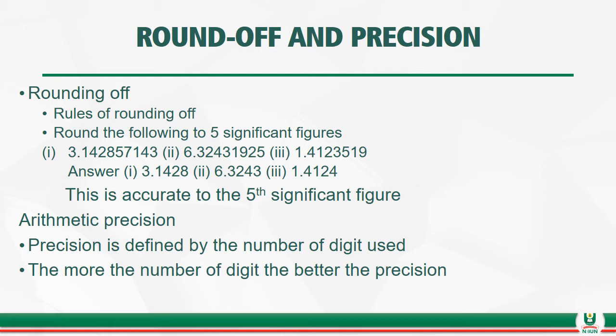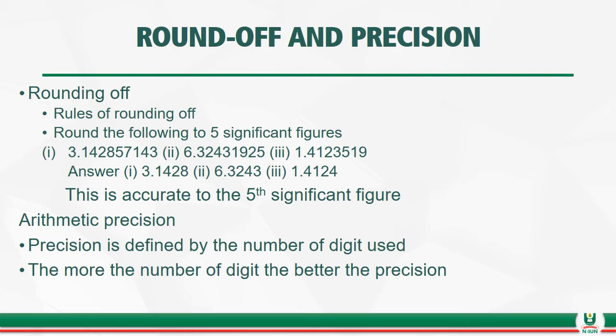Then we count the first 5 significant figures, and that is 3.1428. The rule implies that every number after the nth significant figure needs to be truncated. It means we truncate 57143 after taking the 5 significant figures, which is 3.1428.